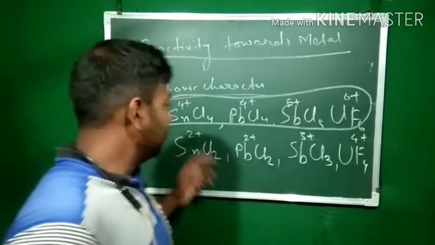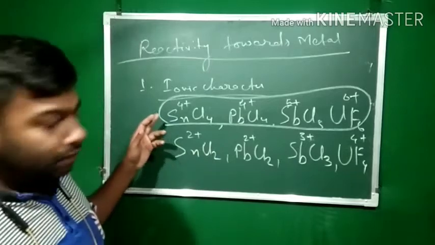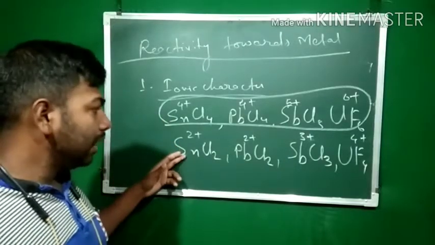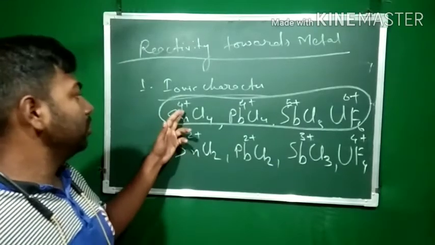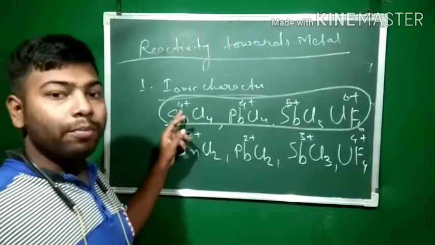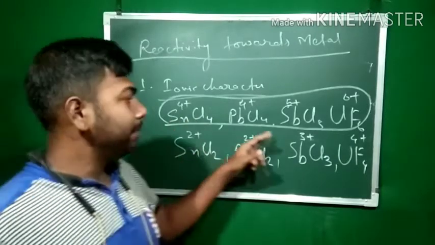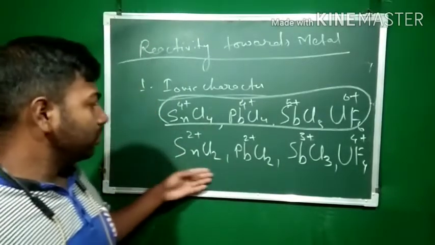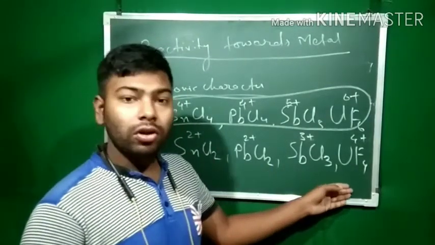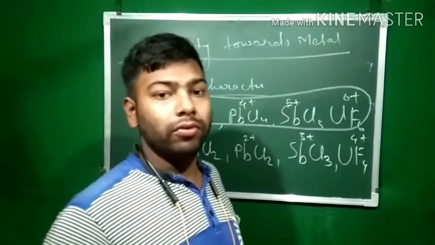That's why the upper ones are somewhat covalent in nature, but the lower ones are ionic in nature. Because of the higher oxidation state, they have higher polarizing power and behave with covalent character. Due to the lower oxidation state, their polarizing power is low, so they behave as ionic compounds.